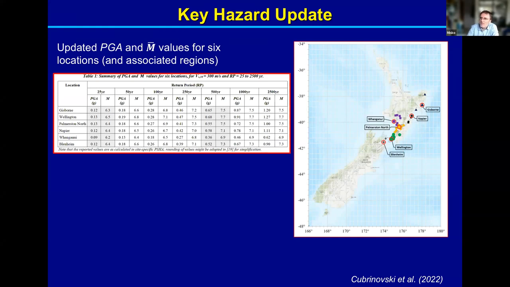On that basis, you can see now Palmerston North is the symbol in yellow, so the surrounding yellow symbols were given the same hazard based on the calculation, site-specific probabilistic seismic hazard calculation for Palmerston North. So on that basis, we modified a range of locations which are all associated with the 6 locations for which we found significant elevation of the hazard.